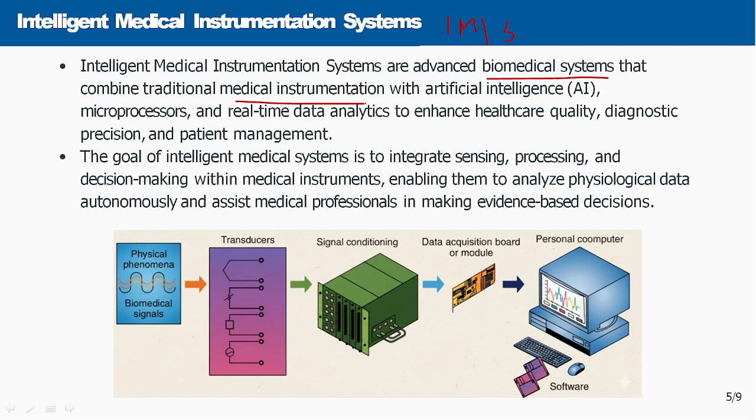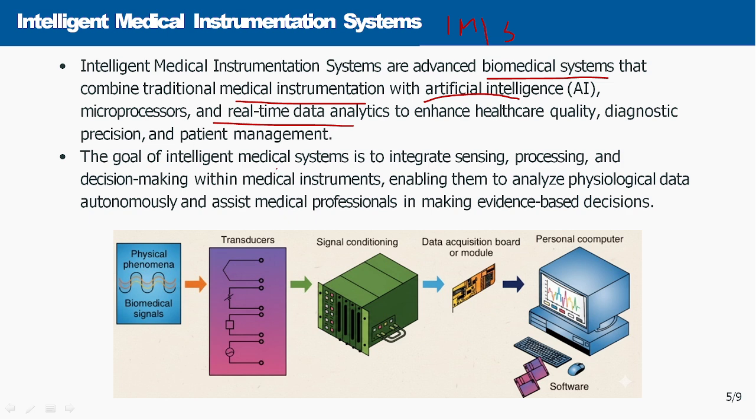But if along with that we can additionally use artificial intelligence and real-time data analytics to enhance healthcare quality, diagnostic precision and patient management, then this device is called an intelligent medical instrumentation system.